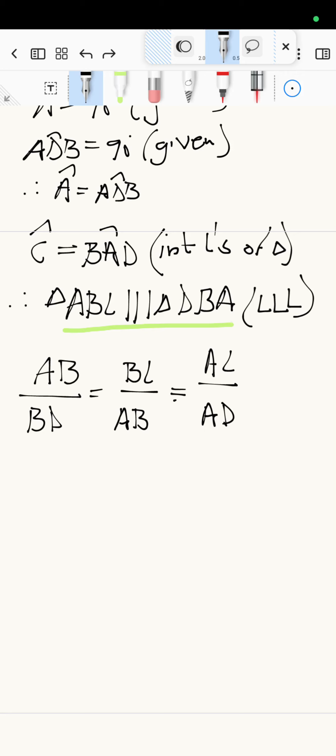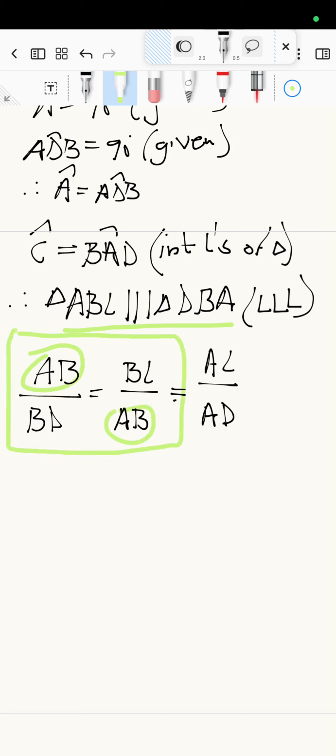Once I have that, I'm going to look for duplicates. I see that AB appears here as well as here. I'm going to use these two parts and manipulate them to discover something.